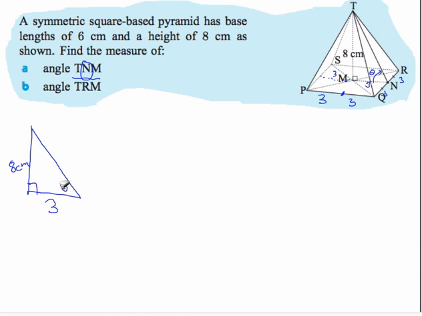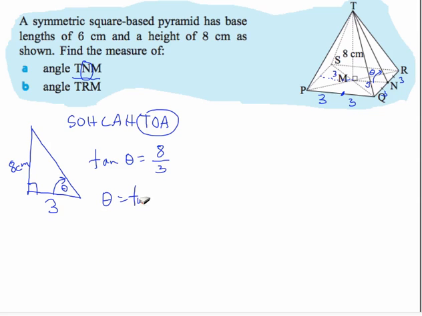And now we can find theta using trigonometry. So I'm going to write SOHCAHTOA. We have opposite and adjacent to the angle theta, so we use tangent. So tangent theta equals 8 out of 3. So theta equals inverse tan of 8/3.